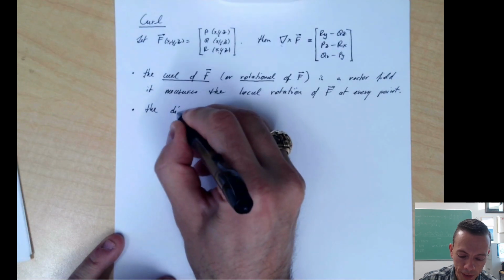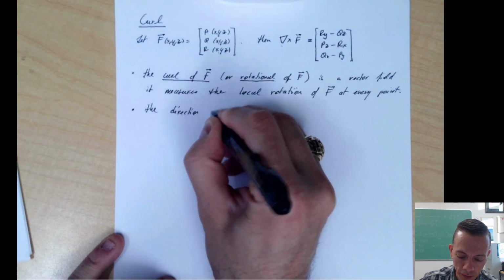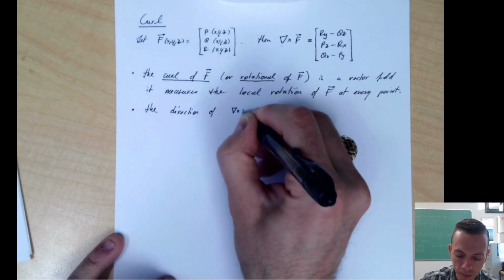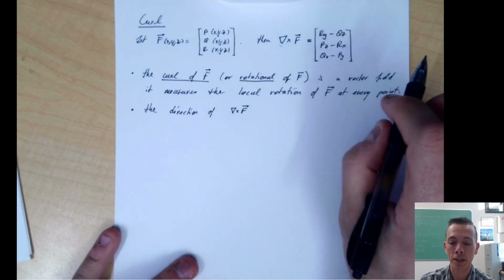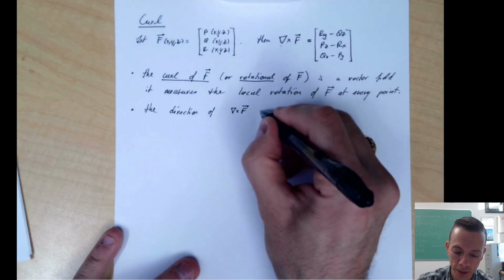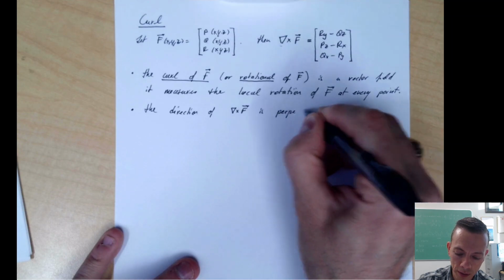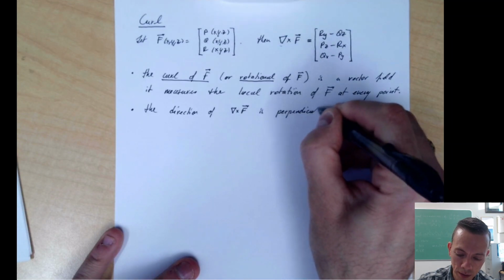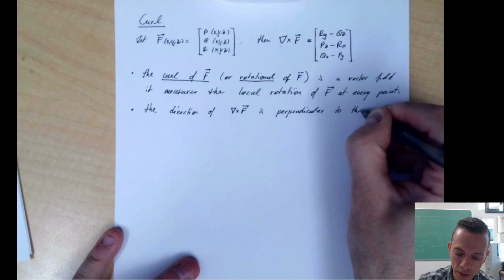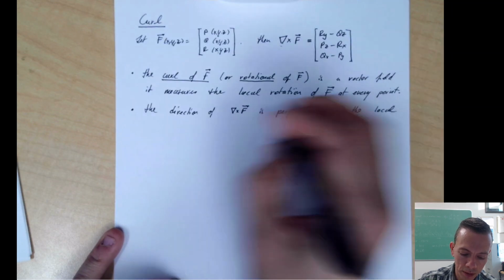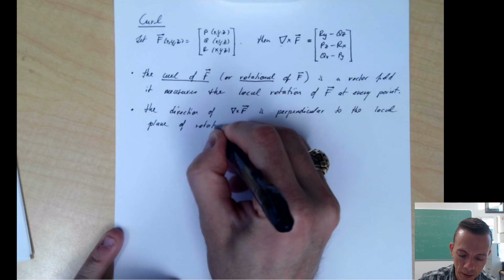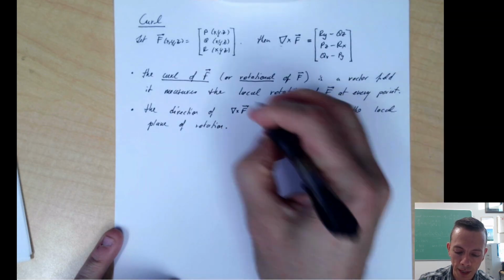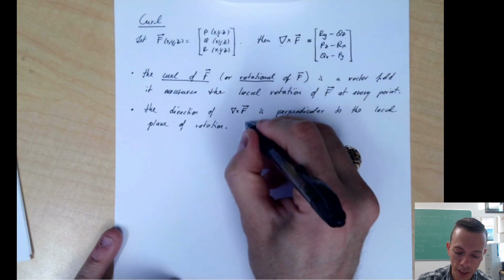So the direction of the curl is perpendicular to the local plane of rotation, and its orientation follows the right-hand rule.